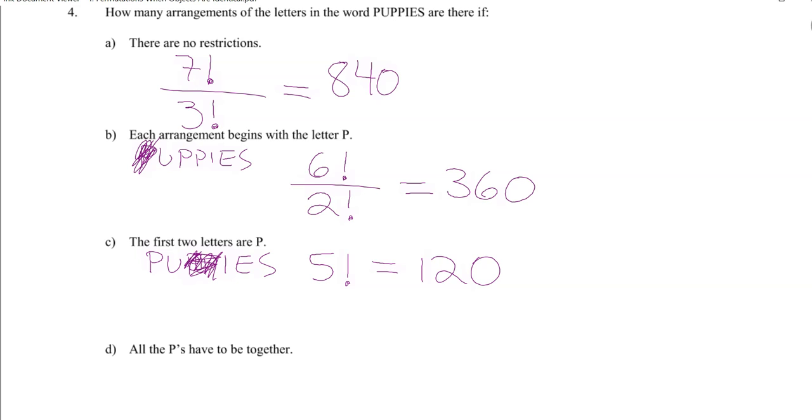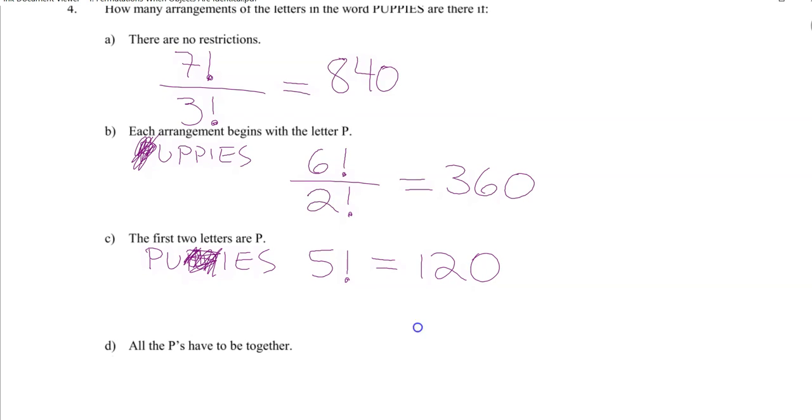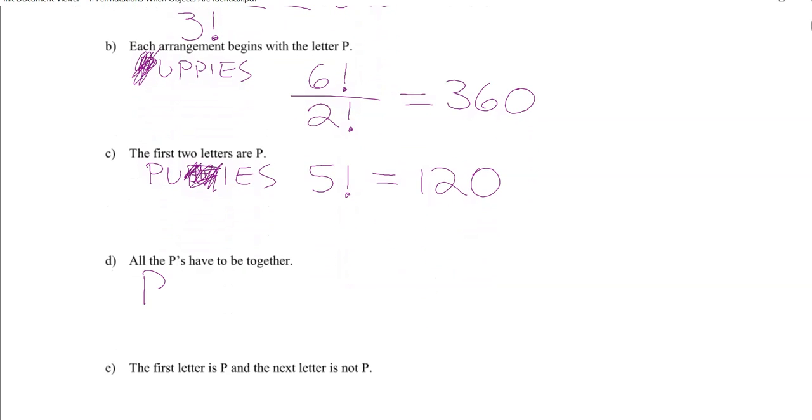What if all the P's have to be together? Okay, so this time I'm going to write out the letters, but I'm going to put the P's together. So I imagine that the 3 P's are on one tile, right? They're just glued to one big Scrabble tile, and all the other letters are on their own little tiles.